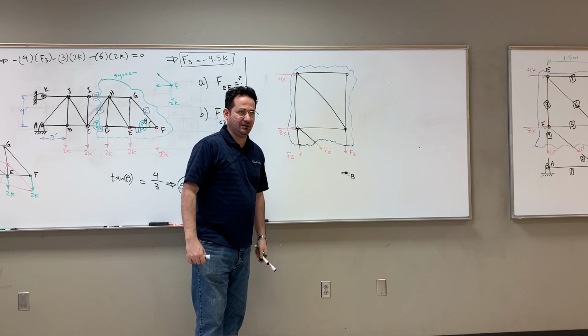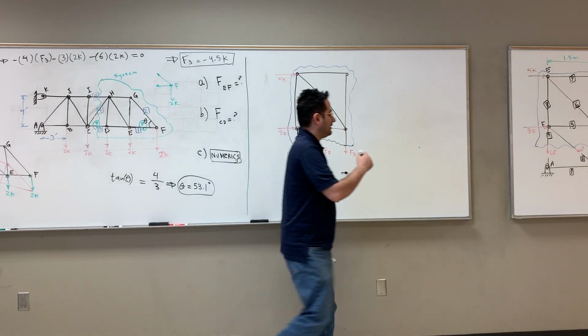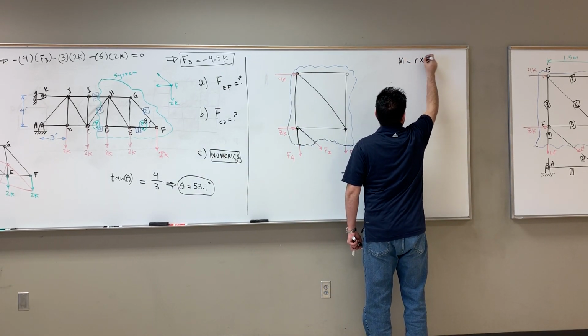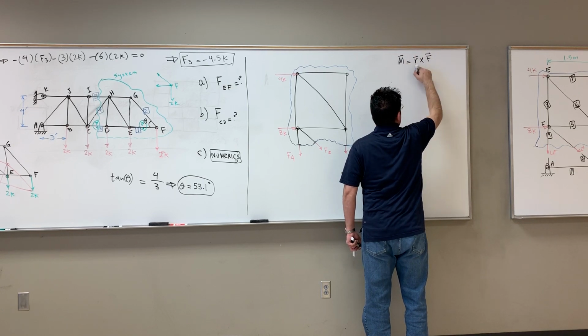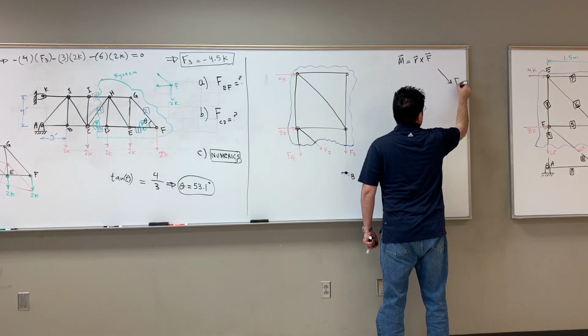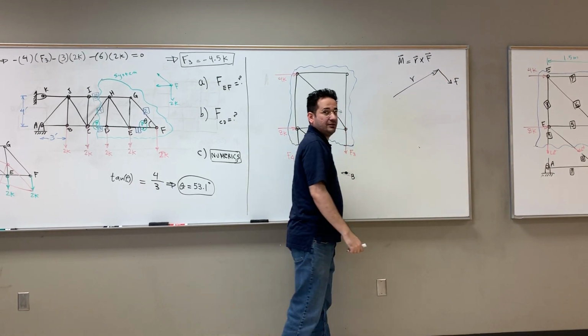Well, yes, you can. You remember the definition of moment equation? We say moment is equal to R cross F. And this R was a reference point. So this is your F, and this was R, right?